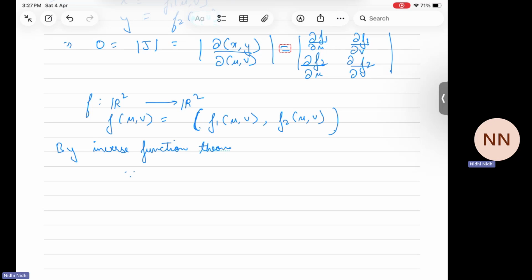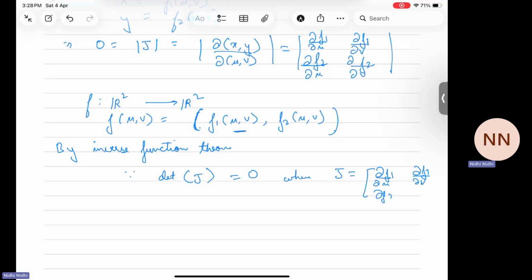Since the determinant of the matrix J is 0, where J is just the derivative of the first coordinate function with respect to the first variable, the first coordinate function with respect to the second variable, the second coordinate function with respect to the first variable, and the second coordinate function with respect to the second variable.